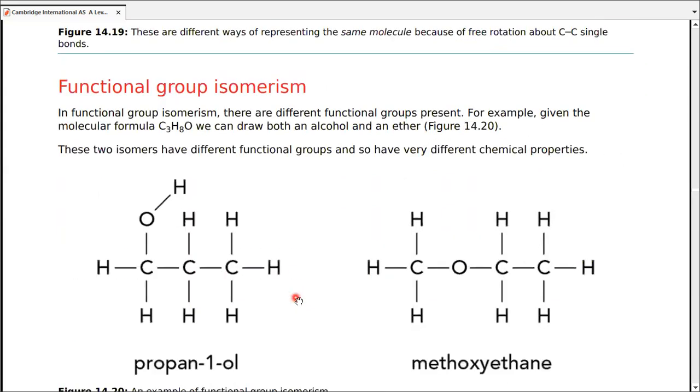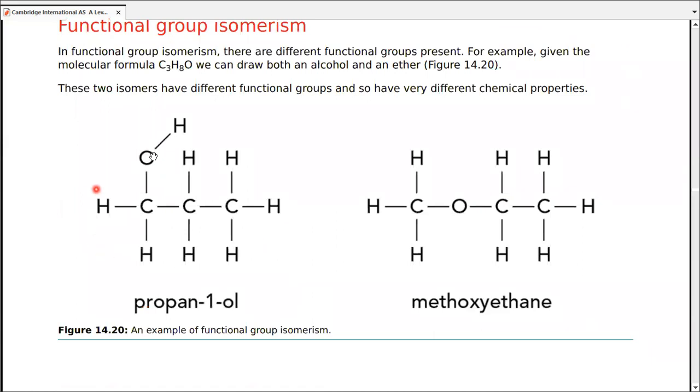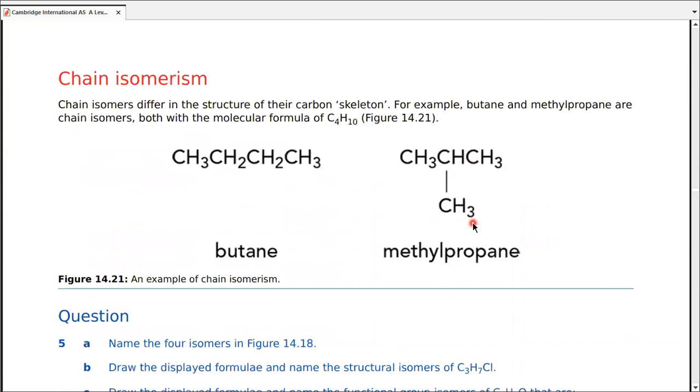If the isomerism is based upon two entirely different functional groups, like in this case, one of them is alcohol, one of them is ether, but they have the same molecular formula but different structure, that would be functional group isomerism. And lastly, chain isomerism is the isomerism in which the structure of the carbon skeleton or the carbon parent chain or the number of carbon branches is different for different structures, hence that is known as chain isomerism.